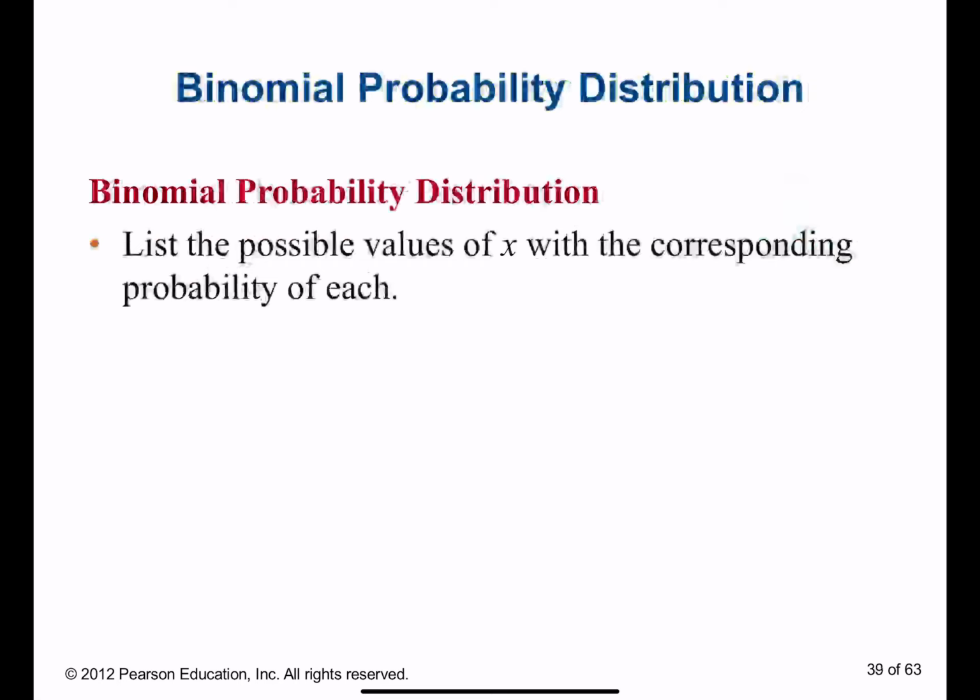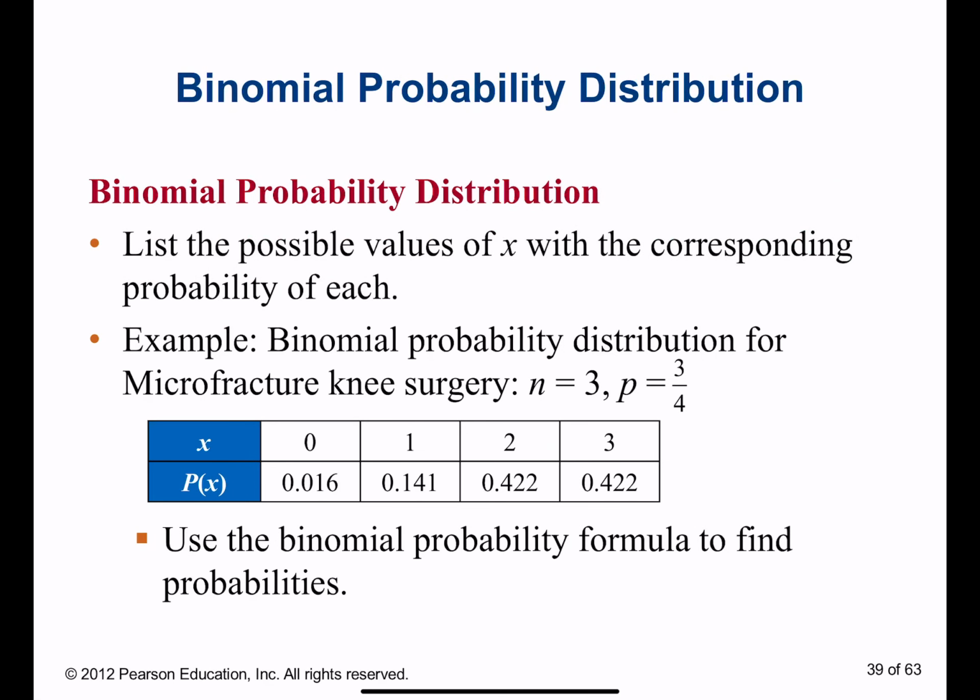So, binomial probability distribution. Here it is, n is equal to 3. They calculated for 0, none of them, which means x is 0, and you get the result 0.0016. X is equal to 1, so they took x from 0 all the way to 3, gives 0.141. X is equal to 2 will be 0.422, and x is equal to 3 is 0.422.